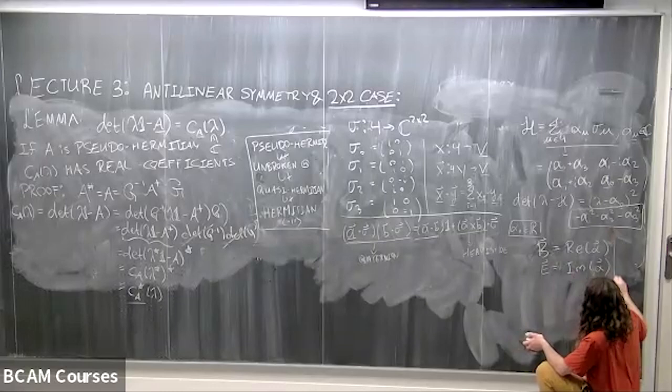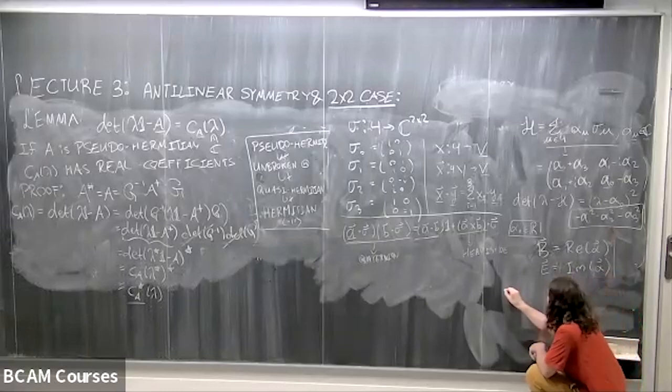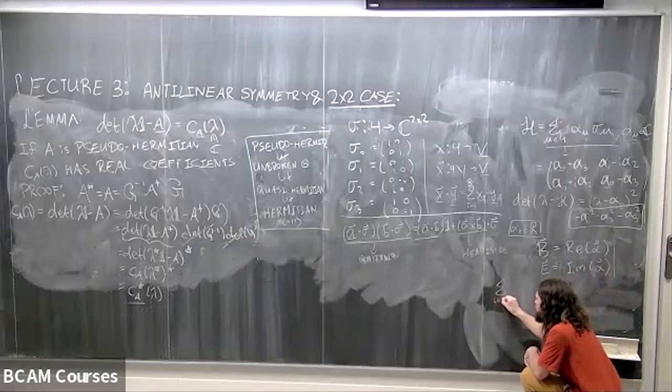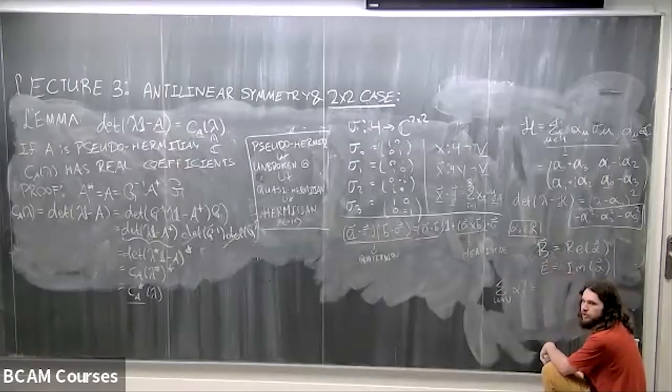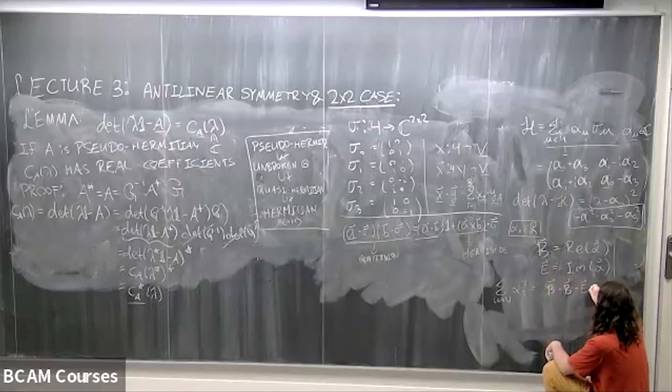Then you can show that this sum over i of alpha i squared, if you split things up into real and imaginary parts, breaks up into two pieces. One is this Lorentz invariant scalar, and then the other, you get 2i E dot B.